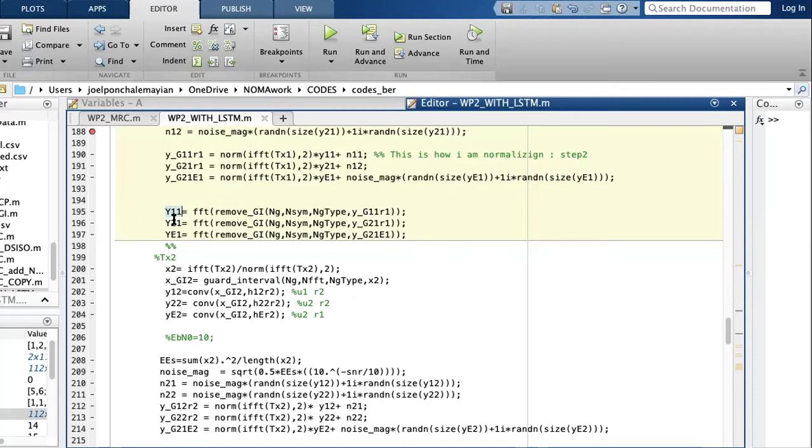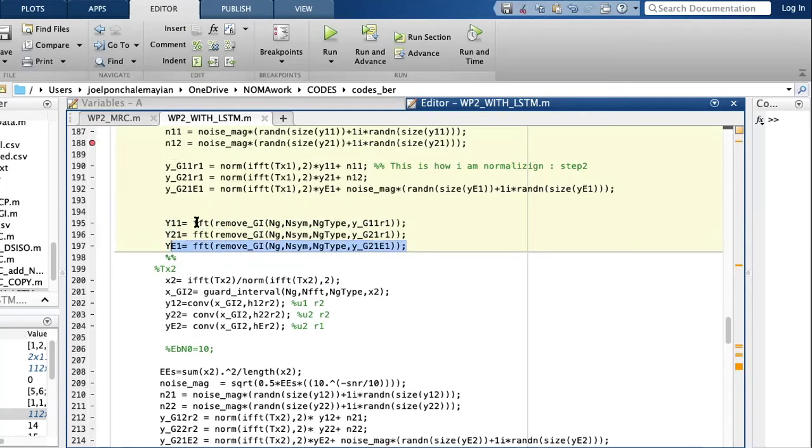And then for you to get the signal at transmission round one at user two, this gives you that. And then here, for you to get the received signal at the eavesdropper, this process gives you that. This was all during round one.